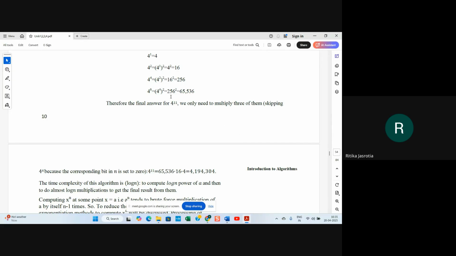So we don't require this 4 to the power 4. We will only have 4 to the power 1, 2 and 8. All these values, if we multiply, we will get our answer. So the time complexity of this algorithm is log n.